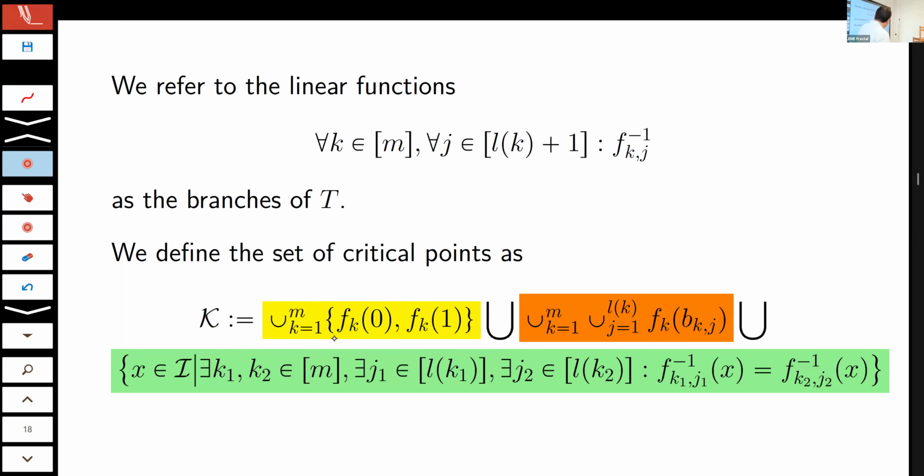Those are some critical points, so the endpoints of the first cylinders. Then we take the images of the breaking points. I take the image of all the breaking points by the function f_k, and then I do it with all the different f_k functions. And there's one more set, this long one in green, which is just the set of points where the graph of different branches overlap and they cross each other. I also put those points into the set of critical points.